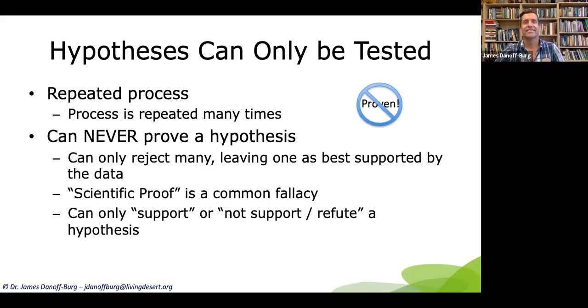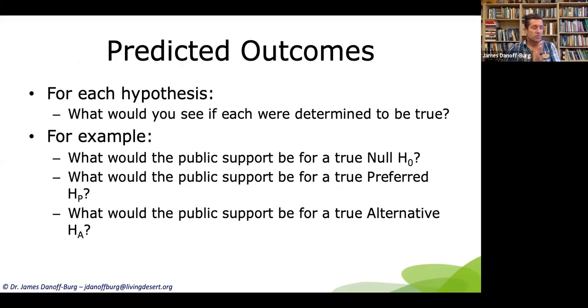Okay. So now, predicting outcomes. We've talked about this already, so I won't go into too much detail, but I'd like you to think about this for your hypotheses. What would be the public support for a null hypothesis that is not refuted?